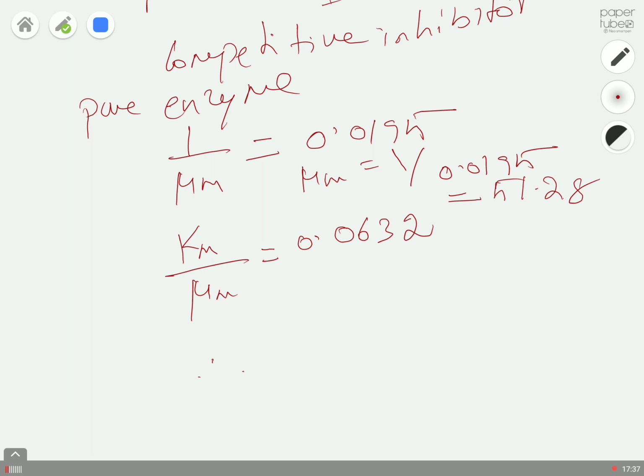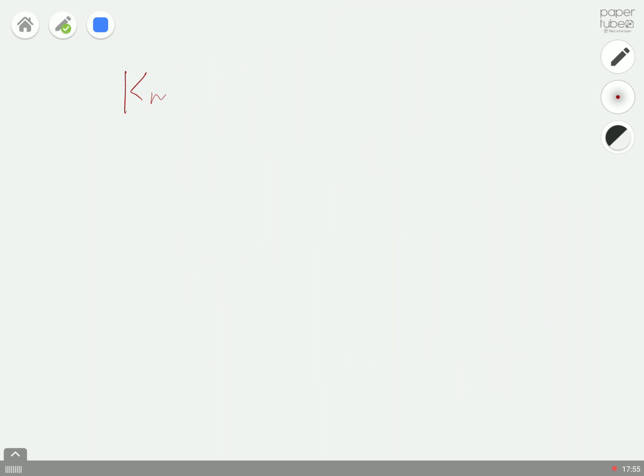You have to write the units. If you don't write the units, I'm not going to give you the mark. So it's micromole per milliliter per second. So your mu m is equal to 51.28 micromole per milliliter per second, and your km value will be equal to 0.0632 multiplied by 51.28.